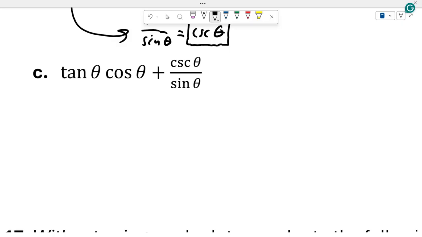All 6 trig functions, sine, cosine, tangent, cotangent, secant, cosecant, can be rewritten in terms of just sine and or cosine. So let's go piece by piece and rewrite some of these things. We've got tangent of theta. Good thing for us to remember here, tangent is sine over cosine.